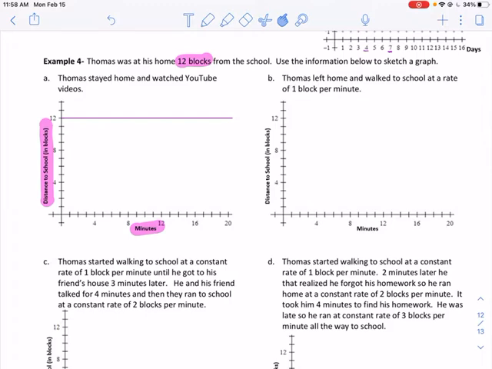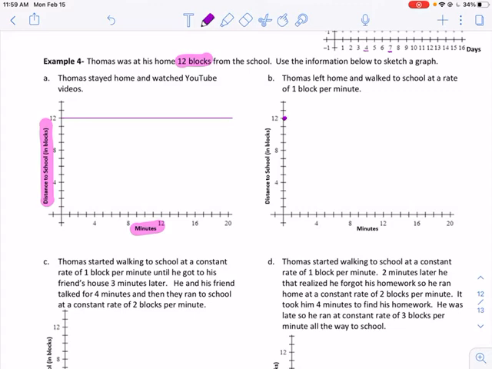All right, so I'm going to show you what I get for B. So he was at home, 12 blocks from the school. He left home and walked to school. And I'm going to say that these minutes represent time since he left home. If we were to start our stopwatch, the point that makes the most sense is when he leaves home. So we're going to say at 0, that's when he left home.